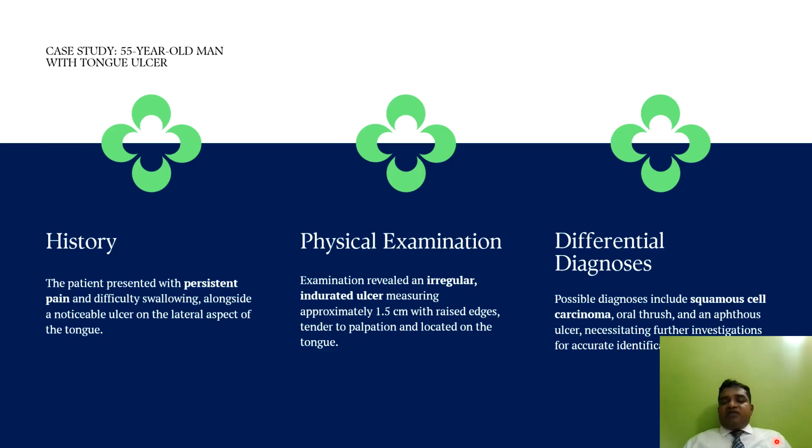Differential diagnosis is always important. Squamous cell carcinoma is possible, candidal thrush is possible, an aphthous ulcer is also possible, but this is a very large ulcer, necessitating further investigation for accurate identification. We always need to do further investigation to confirm the diagnosis.